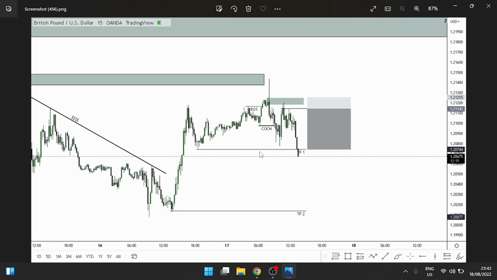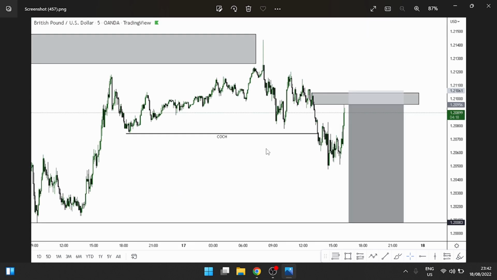And we just shortly broke structure, like right over here, just shortly broke structure and the level of supply. I did mark it out. We did get tagged into this trade. So this is just to show you guys that the concepts that I go over, I actually do take them in the market. I don't just use the replay tool to show you some cool fancy things.